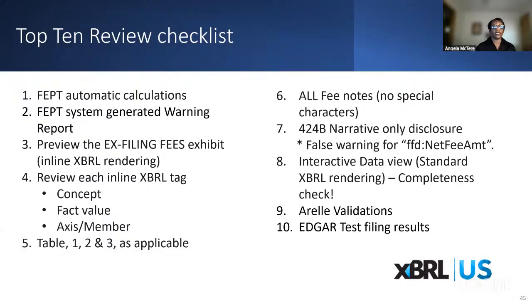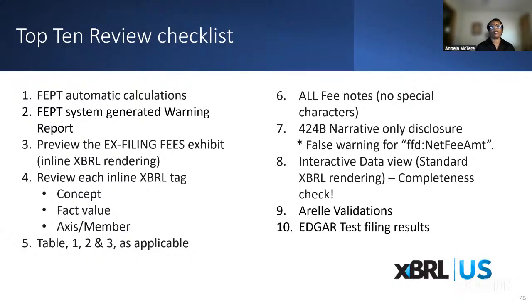Thoroughly review your warning messages to make sure of any errors received so that you have a good filing. Review tables 1, 2, and 3 to make sure that all information needed for each table is provided.